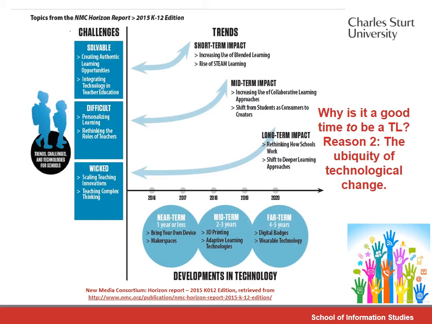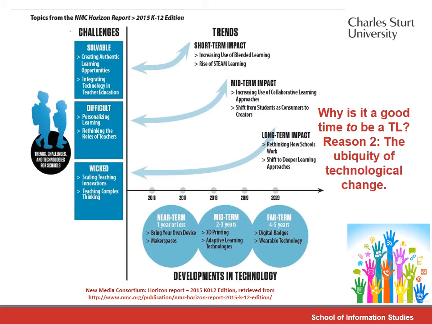Yes, we probably are getting there with that. Difficult, rethinking the roles of teachers. And really wicked is, I'm not quite sure what scaling teaching innovations means, but teaching complex thinking, whether it's in a technological environment or not, has always been a wicked challenge.